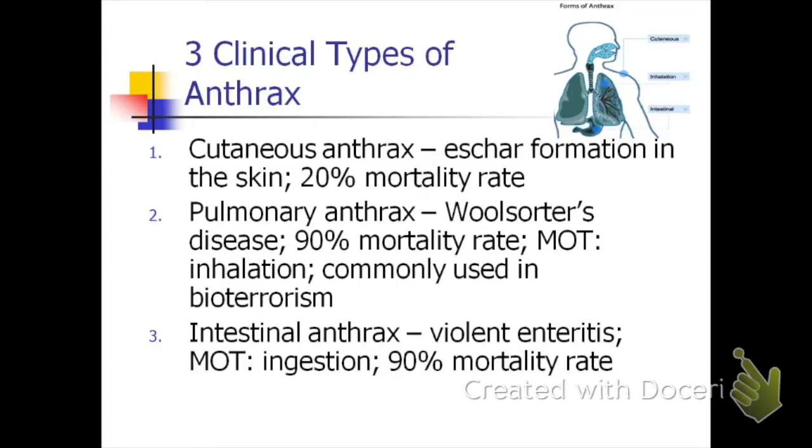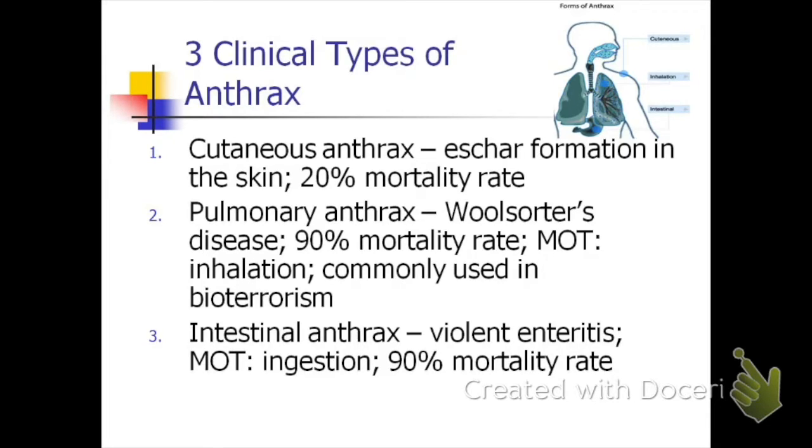Or you touch contaminated meat, and somehow it has created an eschar or ulceration in your skin. Pulmonary anthrax, known as the wool sorter's disease, those who are sorting wools might actually get contaminated because the spores are in the wool of the sheep. And then intestinal anthrax, the mode of transmission would be by means of ingestion.